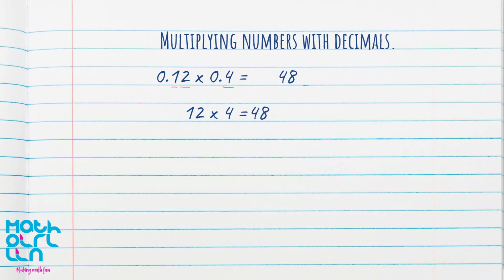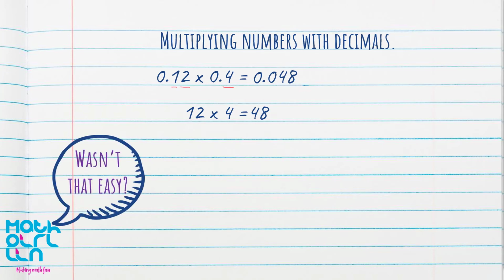So, the answer should also have 3 digits after the decimal. 48 is a 2-digit number, so we prefix a 0 to make it 3. The answer is 0.048. Wasn't that easy? Once you know the concept, you'll be able to do it mentally.